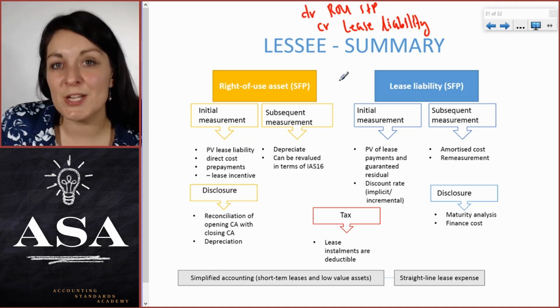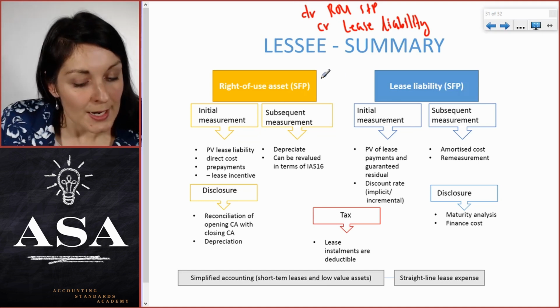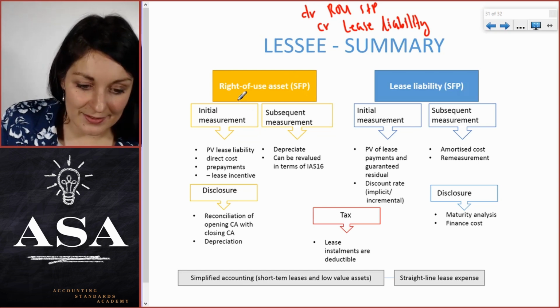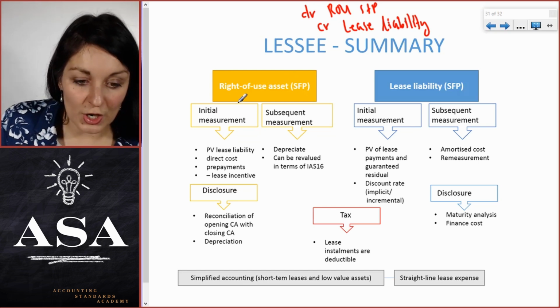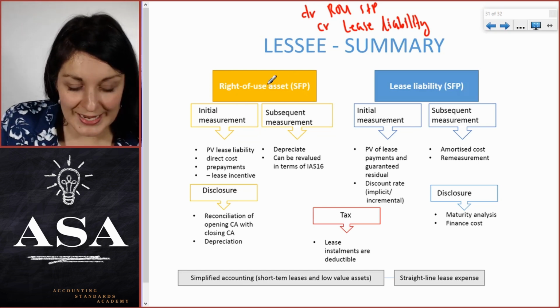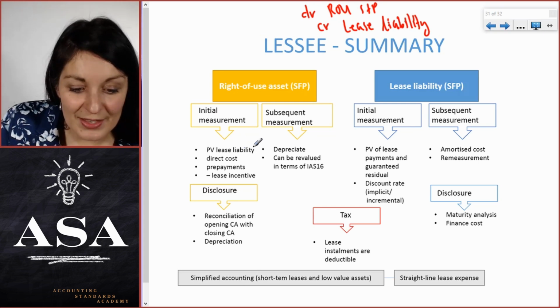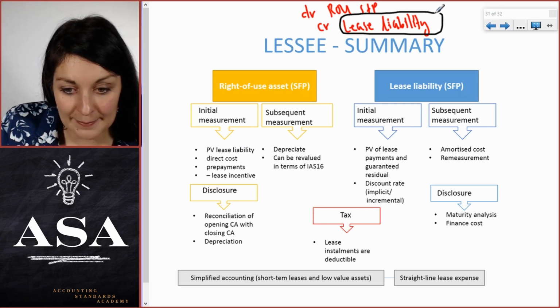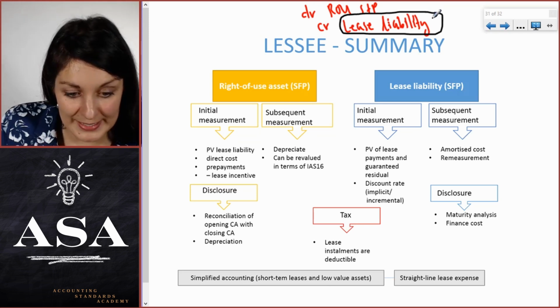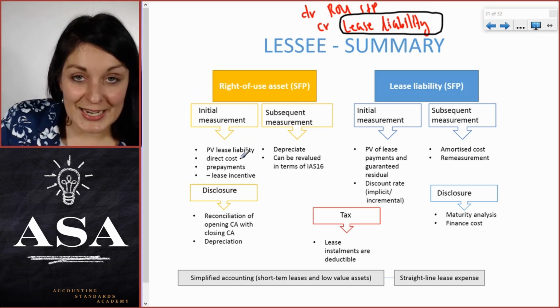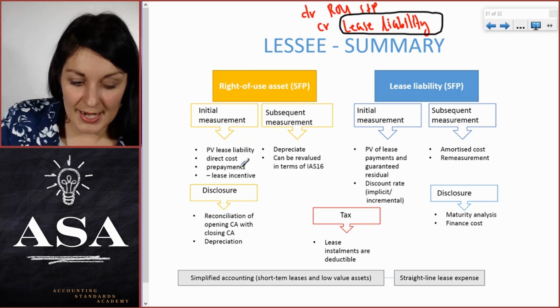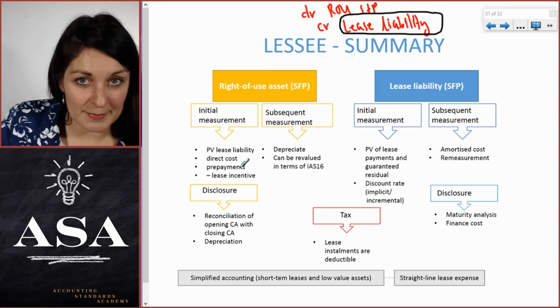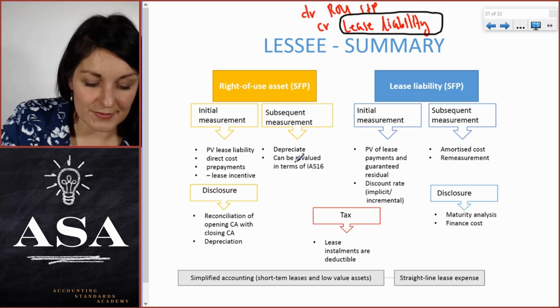Now let's look at the measurement of these two elements. The right of use asset, the initial measurement. The cost of the right of use asset will comprise the measurement of the lease liability on commencement date. You will include any direct costs, any prepayments, so payments made on or before the commencement date of the lease, and from that you will deduct any lease incentives.